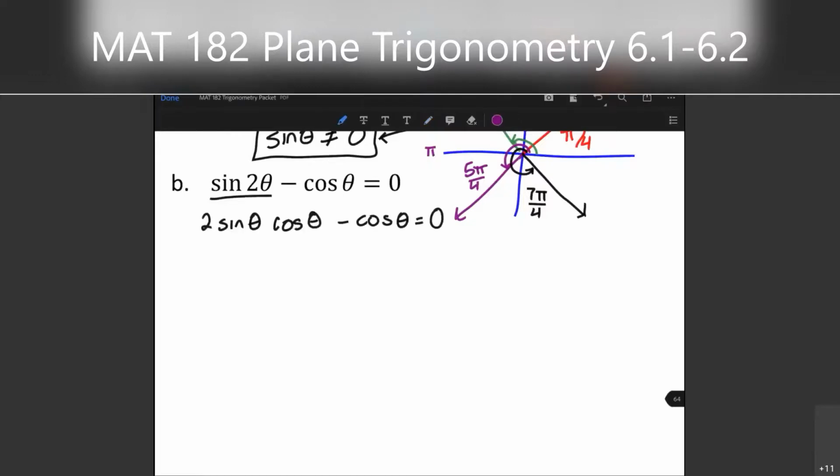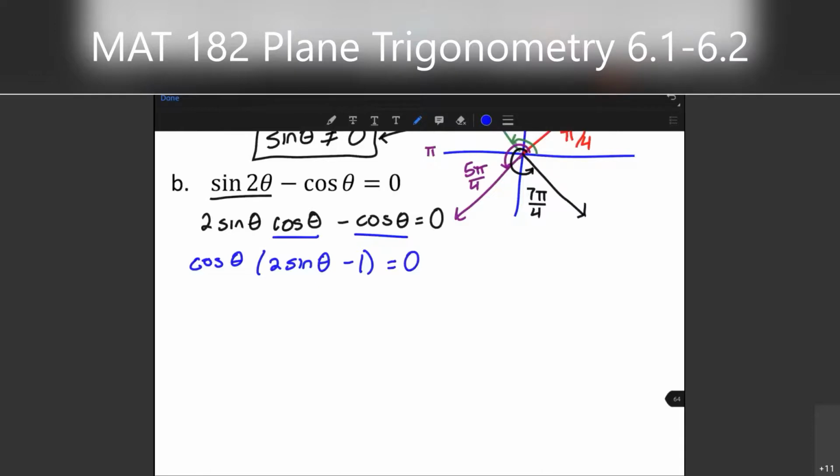If you notice, we do have 2 cosine functions here, the cosine and the cosine. So just divide the 2 cosines? Yeah, divide or just factor them out. That would be a form of division, but we can't get rid of them completely. So we can factor out a cosine theta and leave behind 2 sine theta minus 1. That would preserve the left side of the equation, but separate our sines and cosines out. So we have that left side in factored form.